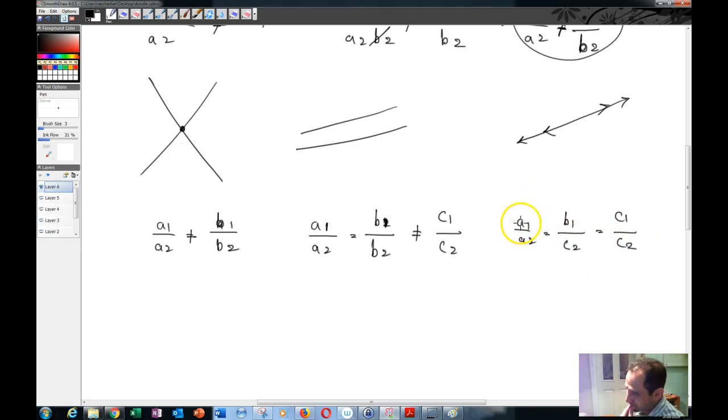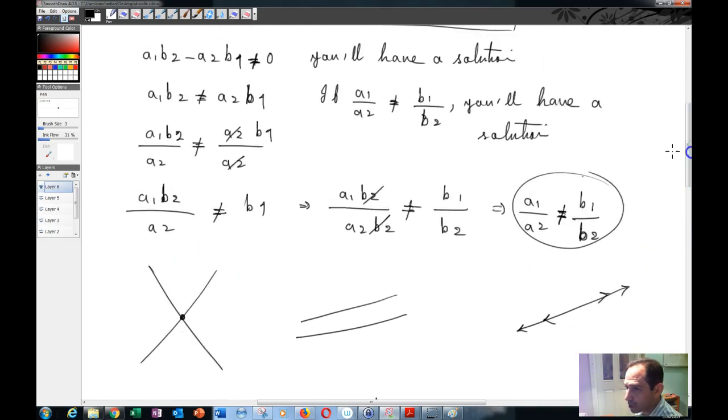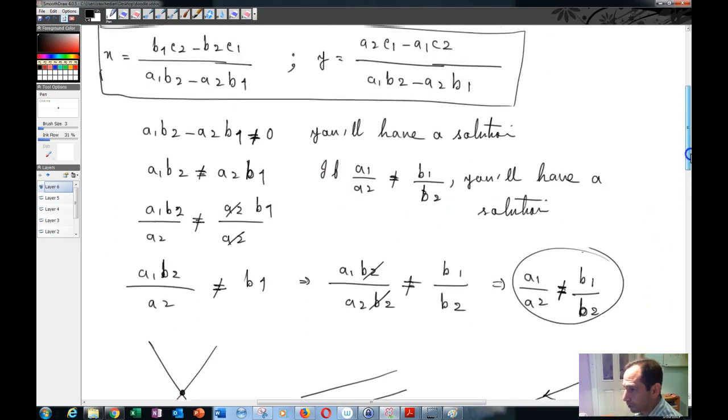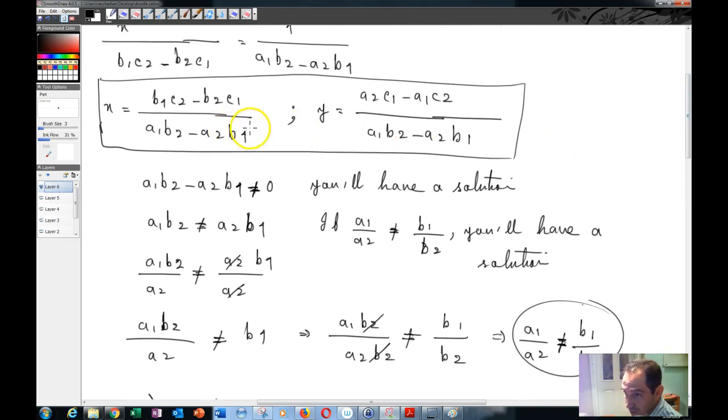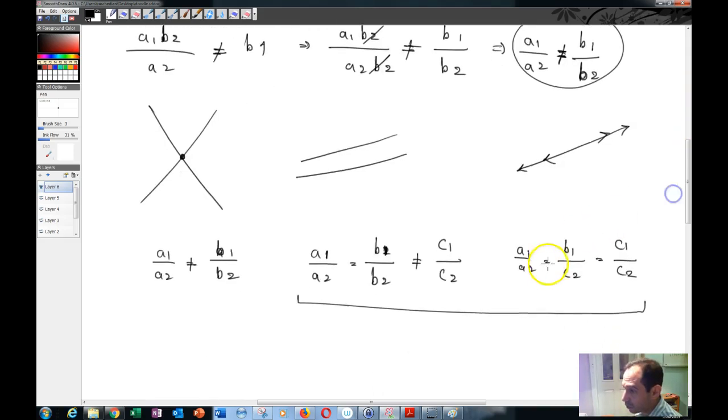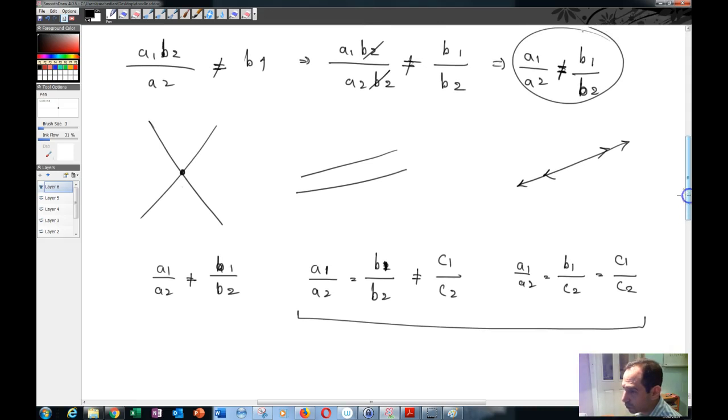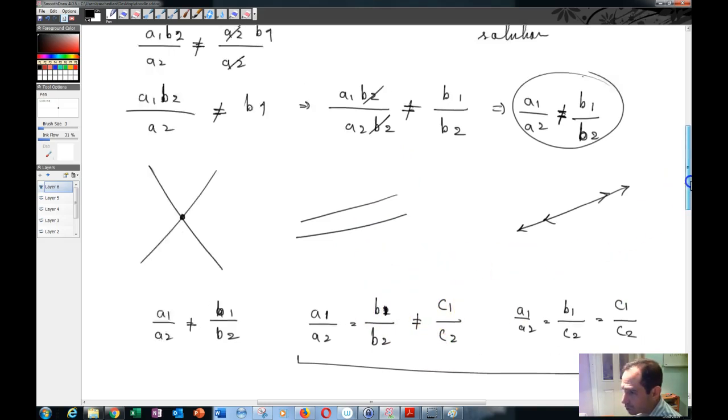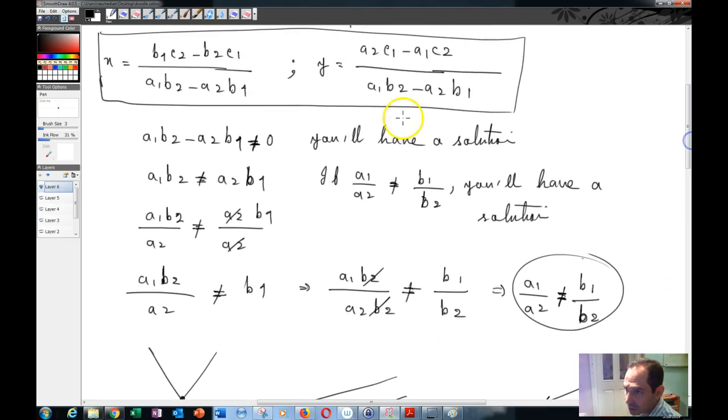These two cases are when this denominator is equal to 0. Then you can go in and check your coefficients and see what's going on in your equations. We'll get to them in the exercises.